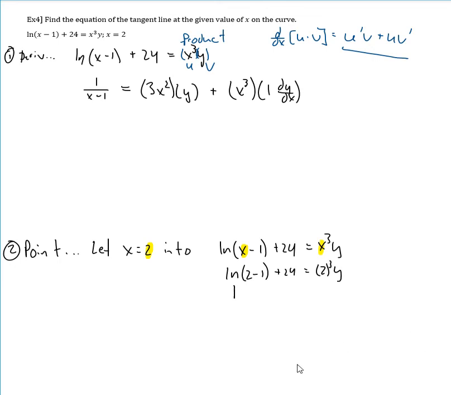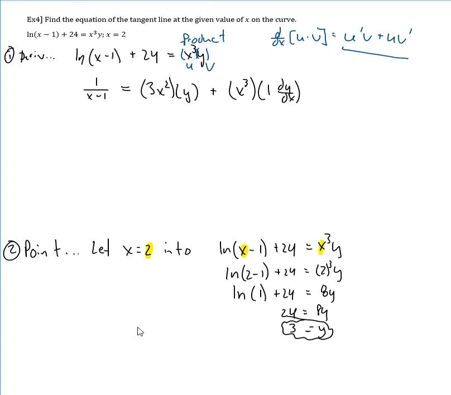This simplifies to the natural log of 1 plus 24 equals 2 cubed, which is 8, y. The natural log of 1 is 0, so we're left with 24 equals 8y. Then I divide by 8, and we get y is 3.